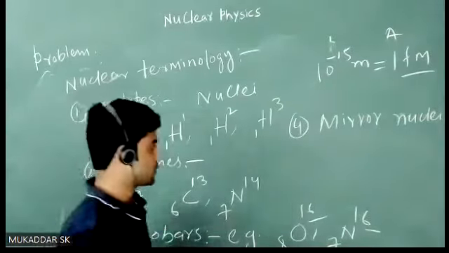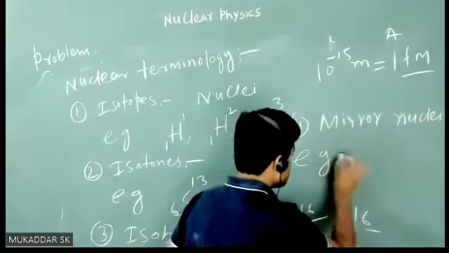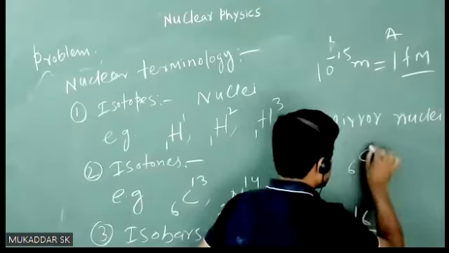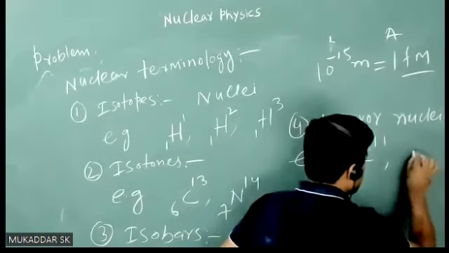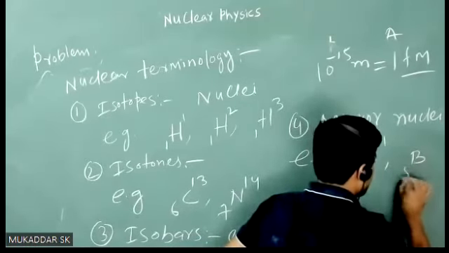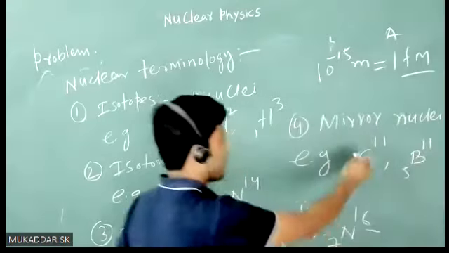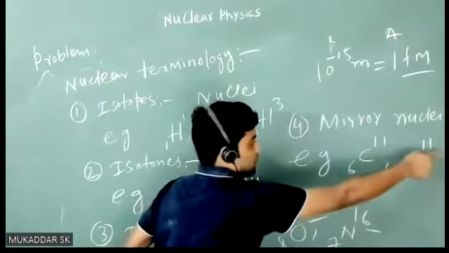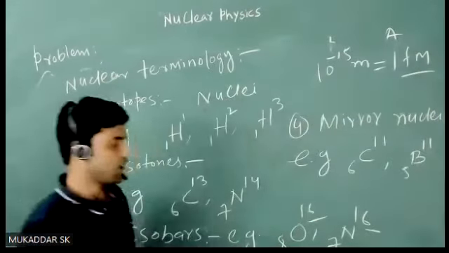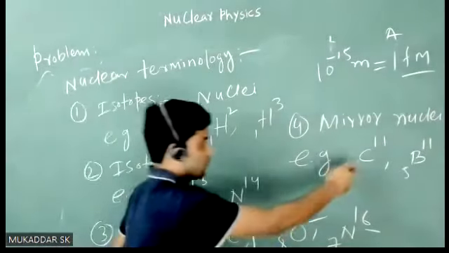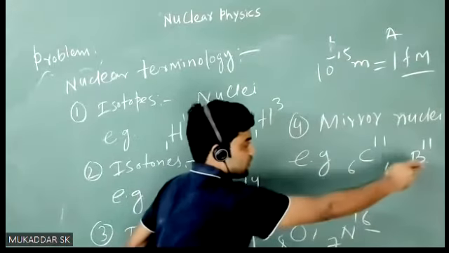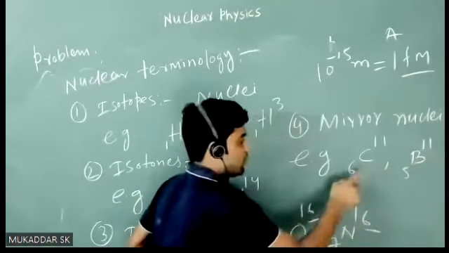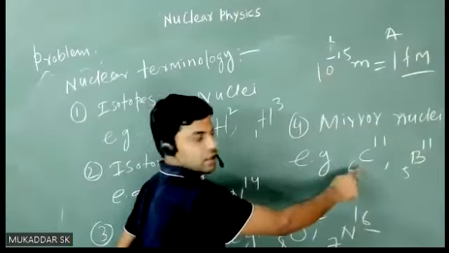For example, carbon 6, 11, boron 5, 11. So you see, a pair of isobaric nuclei. They will have the same mass number, but the number of protons of one will be the same as the number of neutrons of the other. Here number of protons is how much? 6.